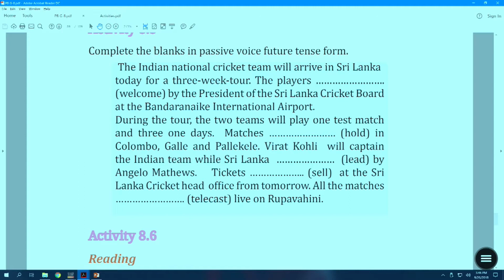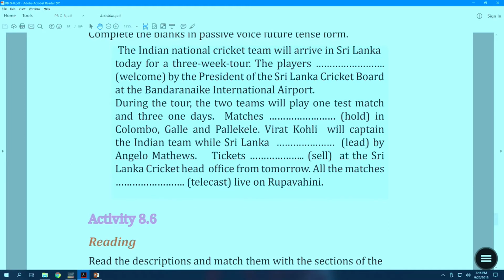Virat Kohli will captain the Indian team while Sri Lanka, blank, lead, by Angelo Matthews. Tickets, blank, sell, at the Sri Lanka Cricket head office from tomorrow. All the matches, blank, telecast, live on Rupavahini.